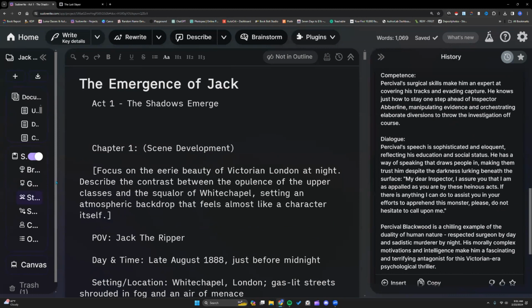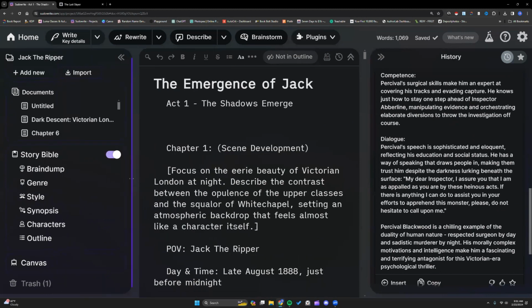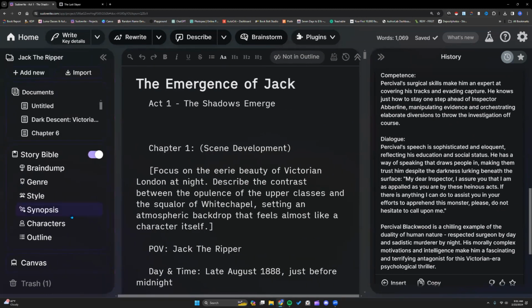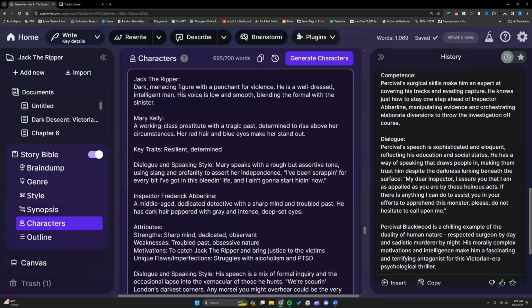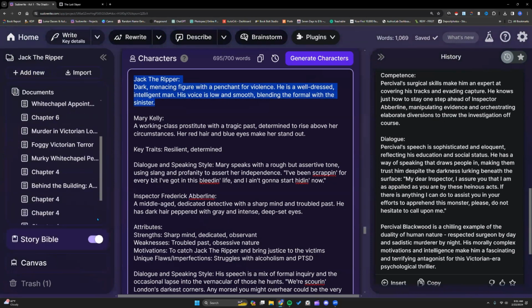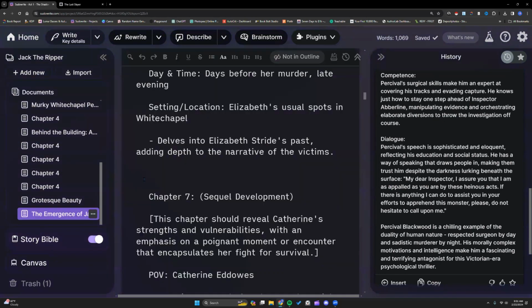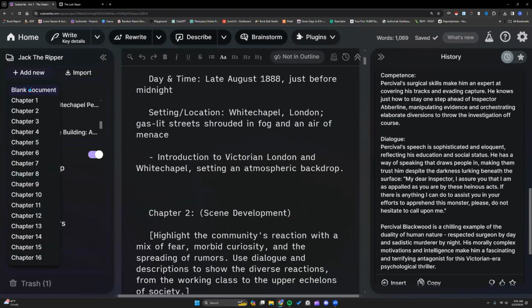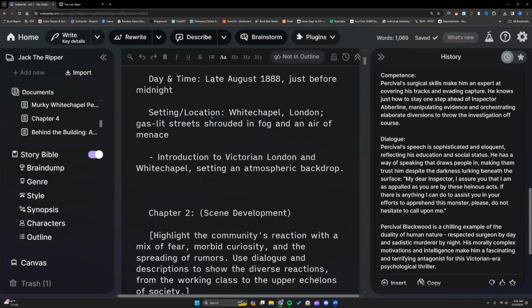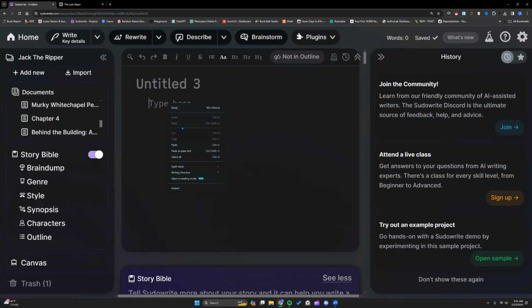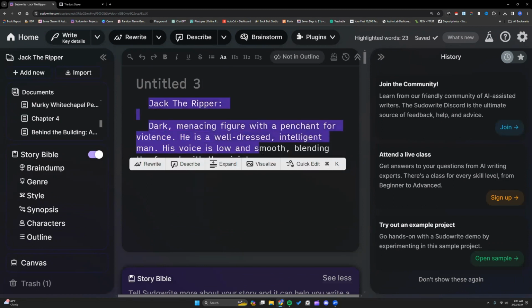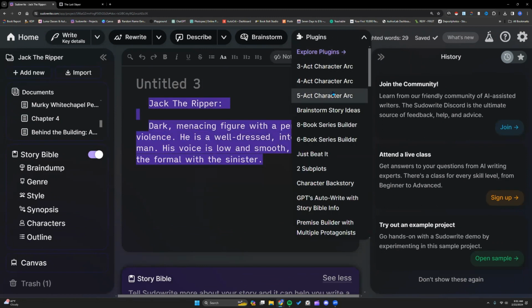I don't know why it brought in a new one. I will have to check the prompting on that, see if something needs to be adjusted. For now, I'm going to highlight this and see what it does.